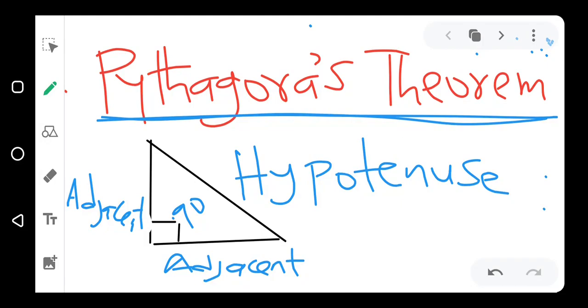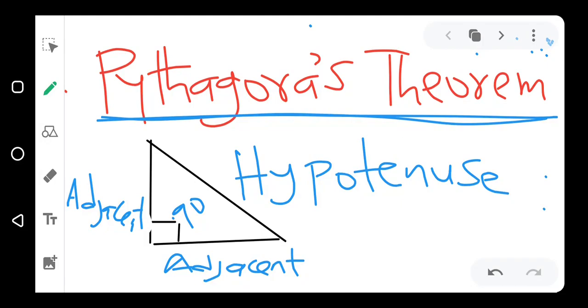Now today we are going to talk about Pythagoras Theorem. This is talking about a triangle, a special type of triangle. We believe that you already know what a triangle means, that a triangle is any shape that has three sides.